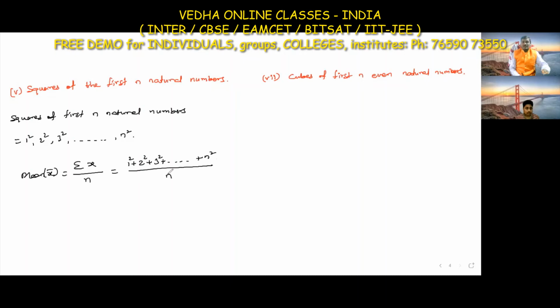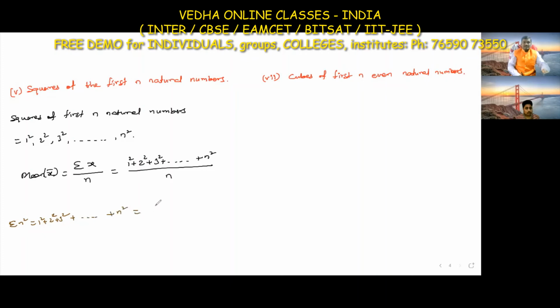How many values are there? n values, as given in the question itself. What is the sum of natural numbers formula? Yes, we have a formula. Sigma n square is equal to 1 square plus 2 square plus 3 square, and so on.